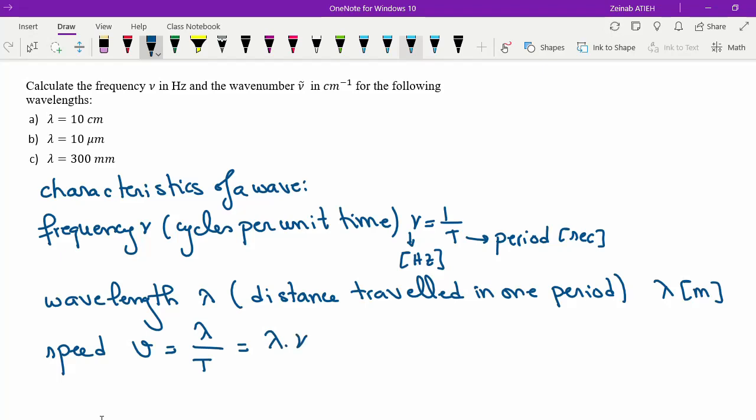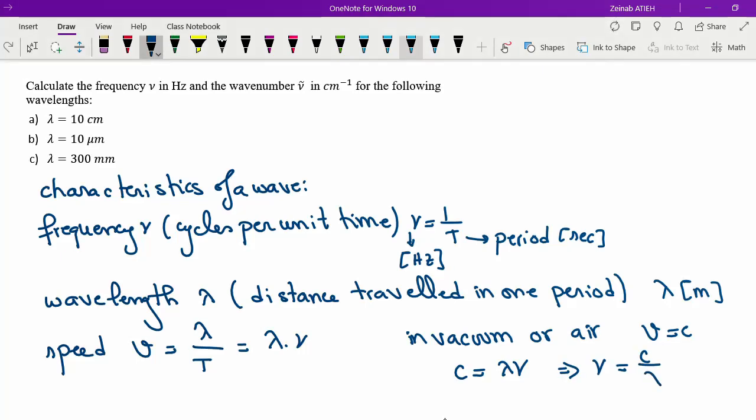If we are talking about a light wave or an electromagnetic wave, which is moving in vacuum or air, for sure v will be equal to c. So in vacuum or air, v is equal to c, then we will get c equals lambda nu. This is a relation between c, lambda and nu, and you can clearly see that nu, the frequency, is equal to c over lambda.